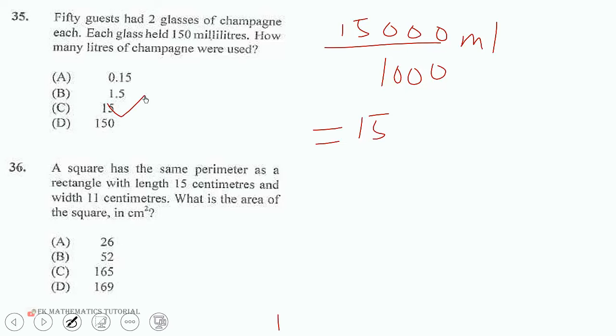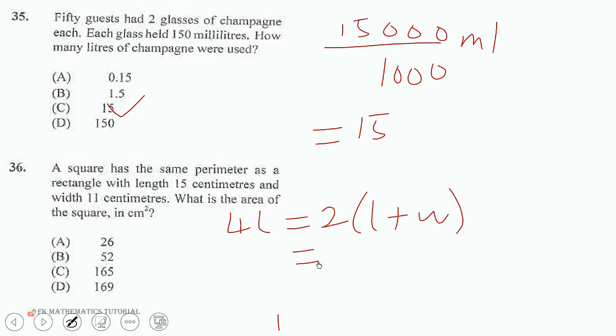A square has the same perimeter as a rectangle with length 15 centimeters and width 11 centimeters. What is the area of the square in centimeters squared? So the perimeter of a square is 4 times the side length. Then the perimeter of a rectangle is 2 times the length plus the width.